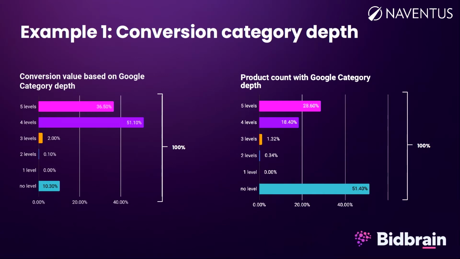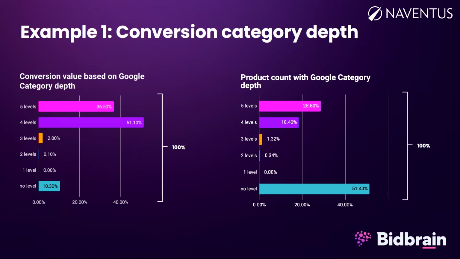Let me also give you a little bit more data, because data is the foundation of AI. And this is a typical example that we see when we take on a customer. On the left-hand side, you see that sales generated come from, maybe 85%, products that have a description of up to 4 or 5 category levels.